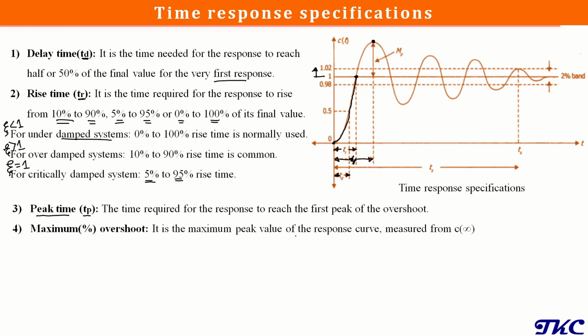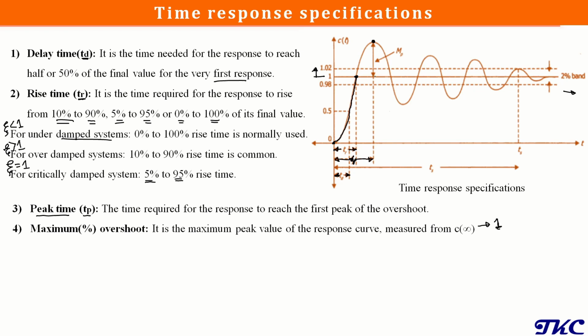Next is maximum percentage overshoot. It is the maximum peak value of the response curve measured from C infinity. C infinity is this value, the desired value. We expect that the output at infinity is the desired output. For this case, we can consider this to be 1.